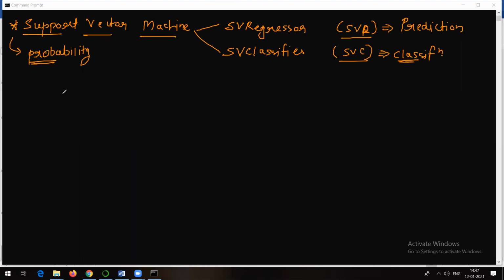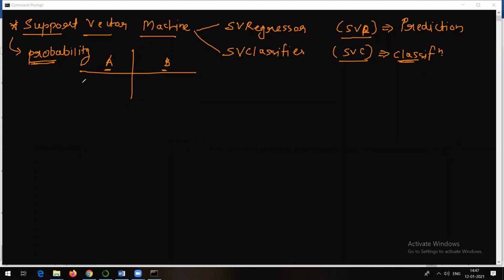For example, suppose you have a problem to solve. There is a class A and there is a class B. Your job is to create a classification model, and that model should help you identify to which class the row belongs.